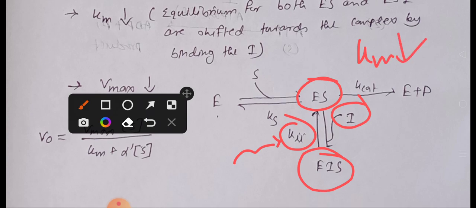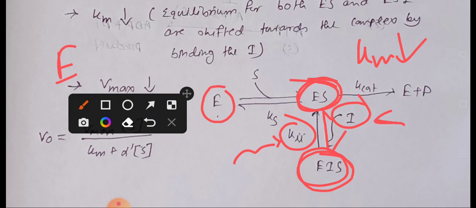Because remember, when an uncompetitive inhibitor is present, the equilibrium for enzyme-substrate complex formation as well as enzyme-substrate-inhibitor complex formation will shift towards the product. According to Le Chatelier's principle, that simply indicates that the affinity of the enzyme for that particular substrate will increase in presence of uncompetitive inhibition.